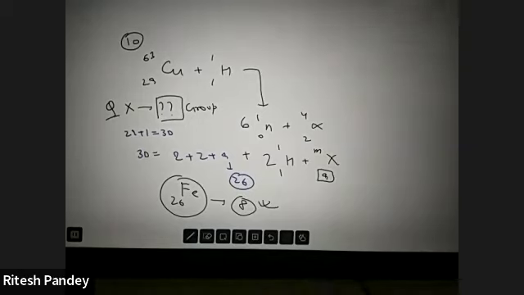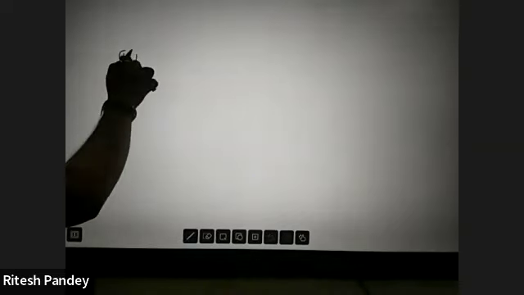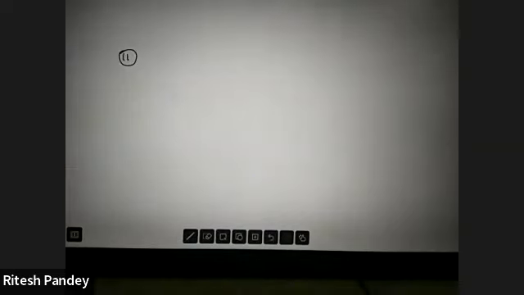Question 11, number of neutrons emitted, is again such a routine question. This is where I tell you that even in JEE Advanced, the questions are not that challenging from certain topics like nuclear chemistry.